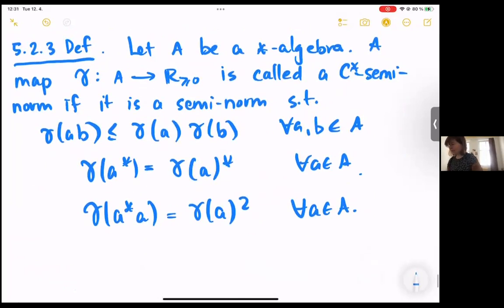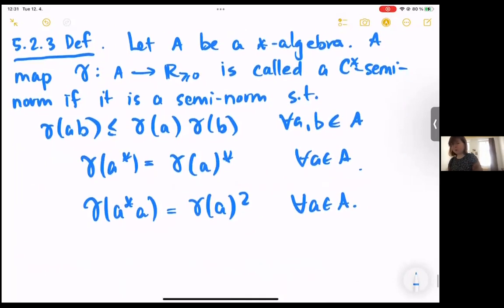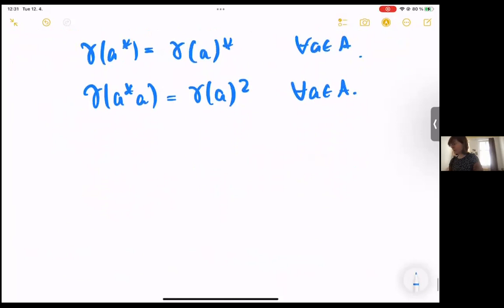And indeed, any C-star seminorm on the algebraic tensor product will at least be bounded.